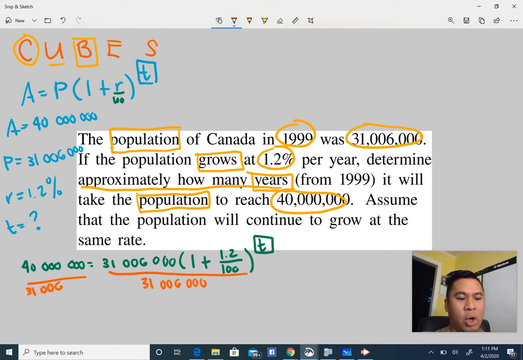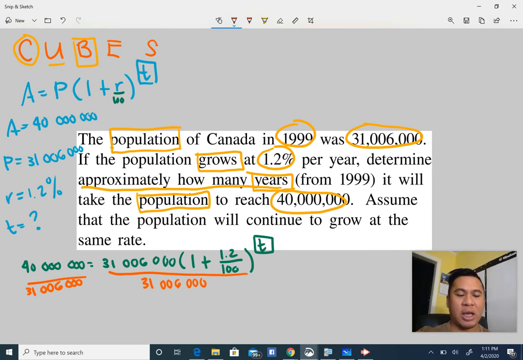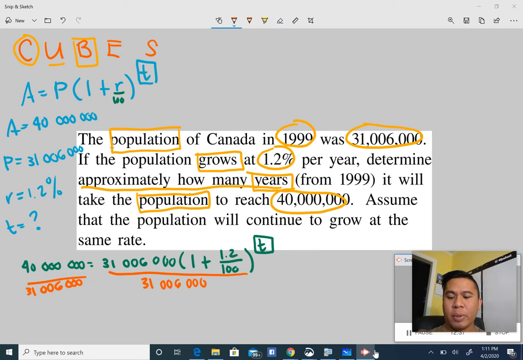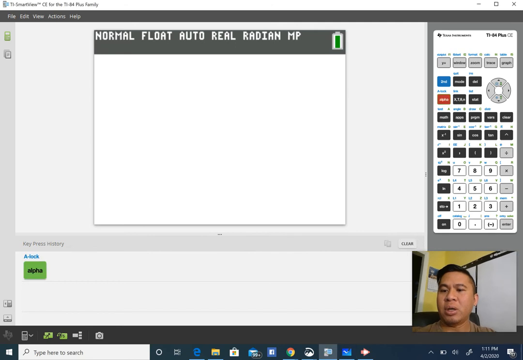And instead of actually dividing it, we have to get the simplified form of this left side using our calculator. Let's use our TI-84 calculator for this. Once again, on how to express any fraction into its simple form, let's press alpha, y equals, and then enter.